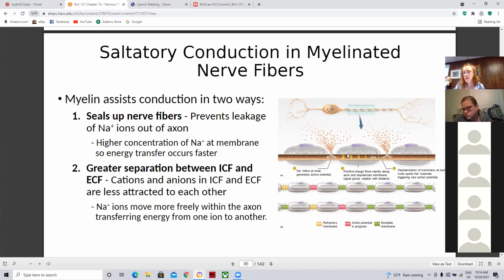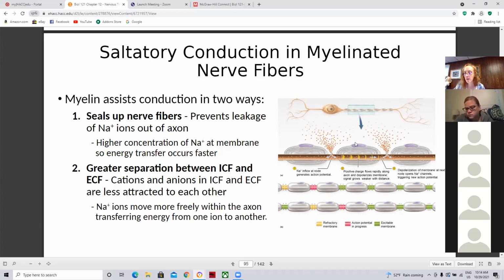Well, if there's myelin, that reduces that attraction just by physical distance. And so things move a lot freer inside the cell and outside of the cell, because the attractive forces are weaker because of just the physical distance of the myelin wrapping.